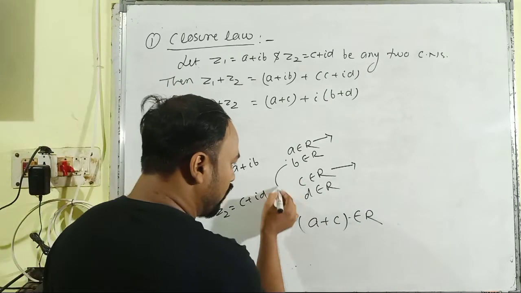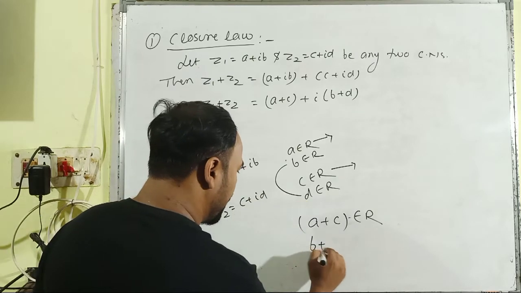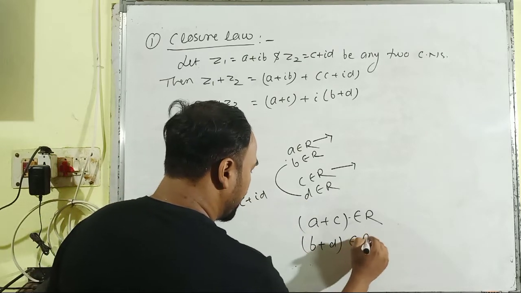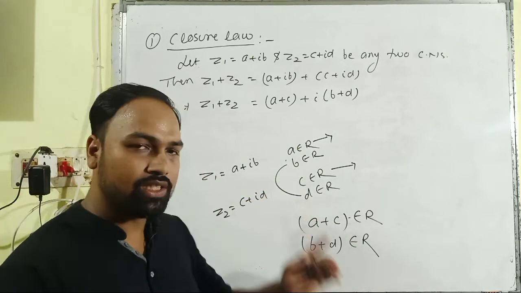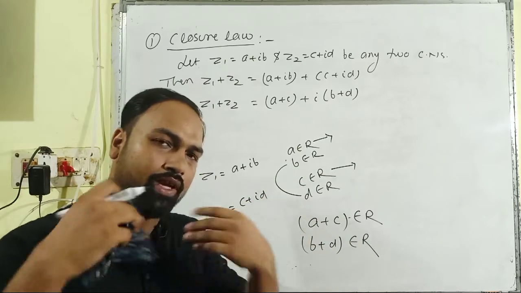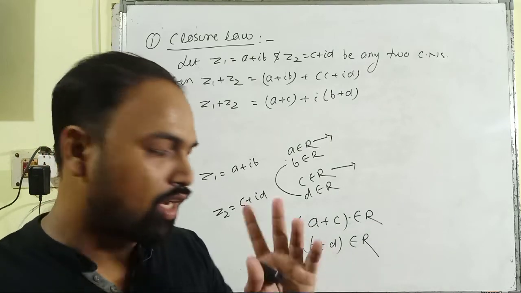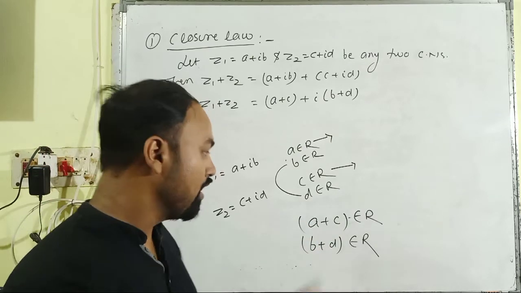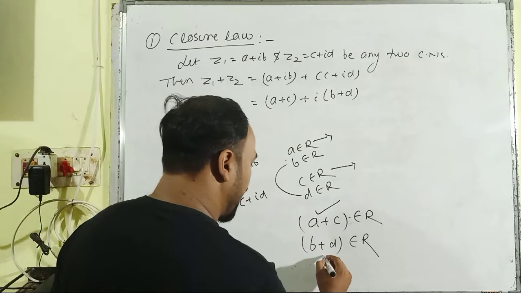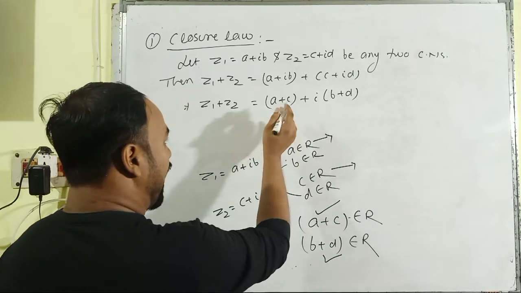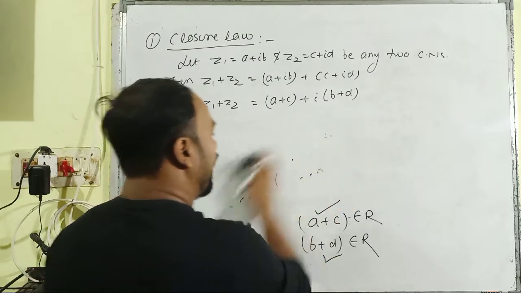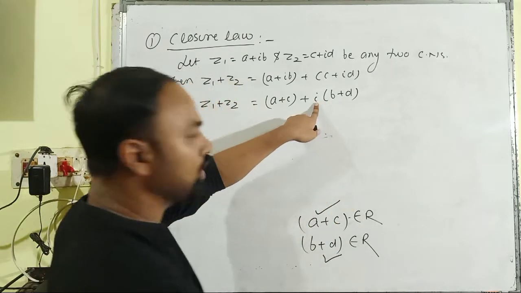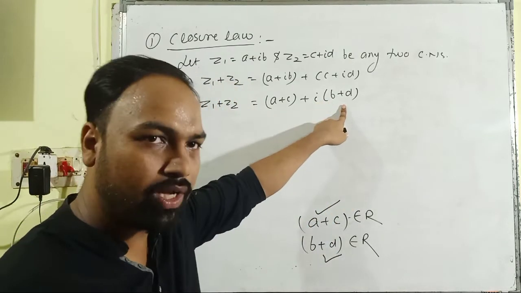Then we have to add b and d. Similarly, b plus d belongs to the set of real numbers, because b is a real number, d is a real number, so their addition will be present in the set of real numbers. That means it is a real number. As this is a real number without the i term, it is the real part, and this real number is associated with i, so it is the imaginary part.